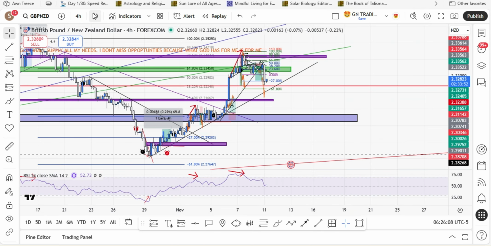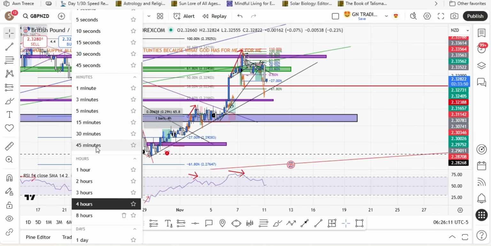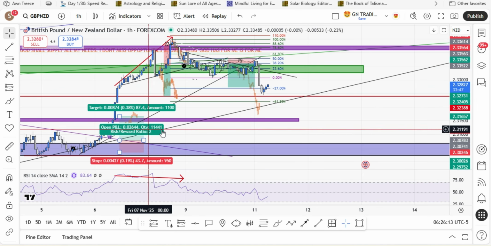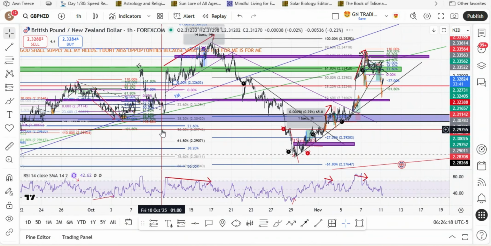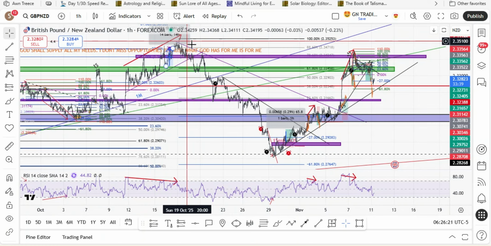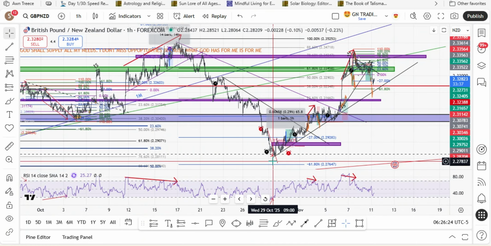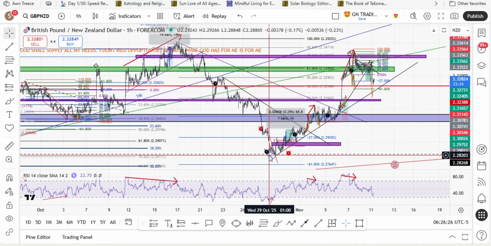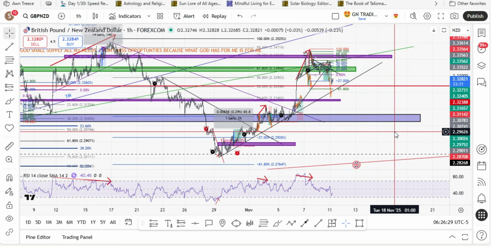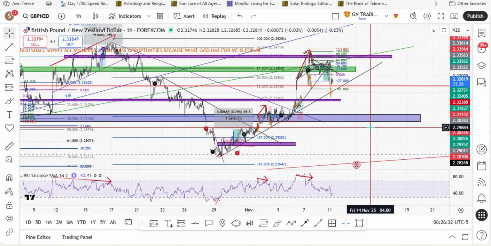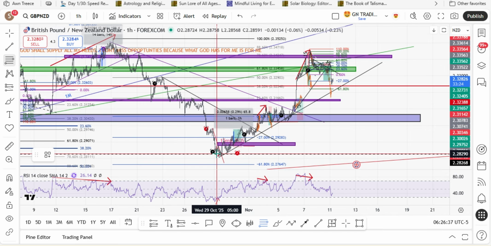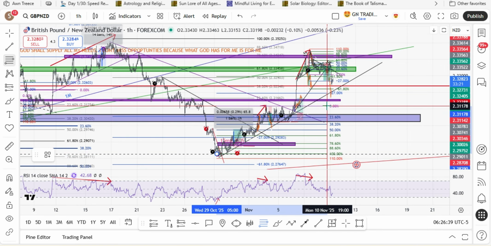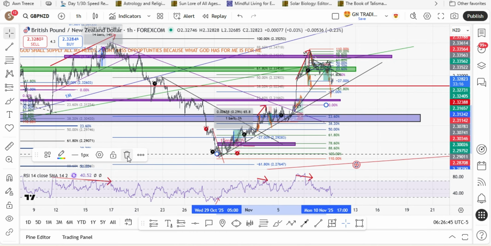Yeah, so that's what's going on on the 4 hours. 1 hour. This was the downtrend, impulse, correction, continuation. I don't think I ever put a fib on this. Yeah, you don't need it.